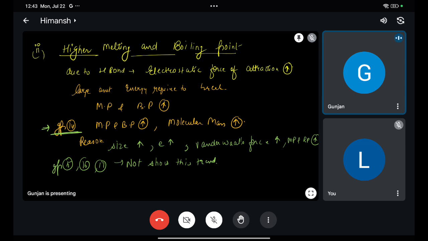In these, melting and boiling point also increase with increasing molecular mass, but there is an exception: the first member.